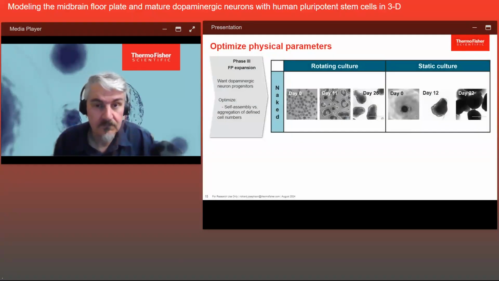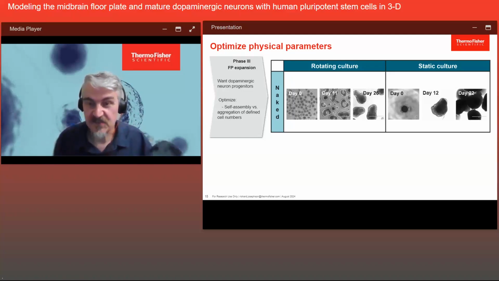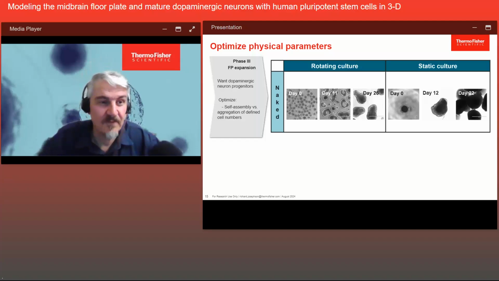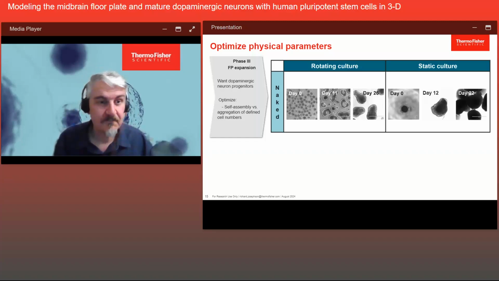So this is what the spheroids looked like during the process of specification, expansion, maturation in these two different physical parameters. So again, this is the protocol with 6 days of specification followed by 5 days expansion. In the rotating culture, the boxes on the left, we start from very small spheroids 2 days post-passage.